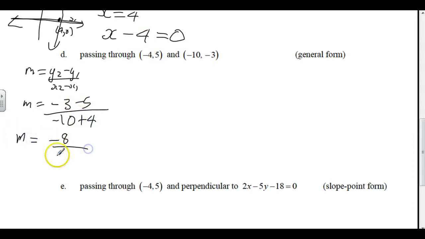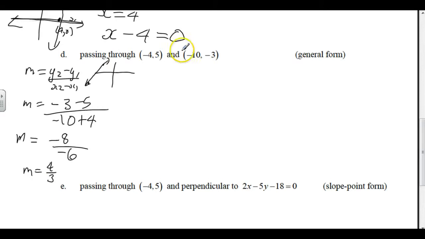That's -8 over -6. So reduce and change to positive 4/3. One thing that we could do is plot (-4, 5). That's about there. (-10, -3). That's down there. And we can see that, yes, we should be getting a positive slope, so that matches up.